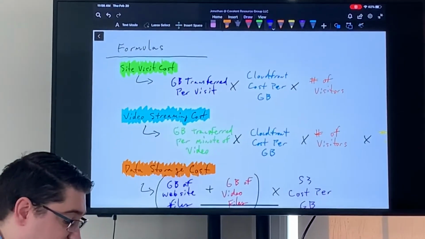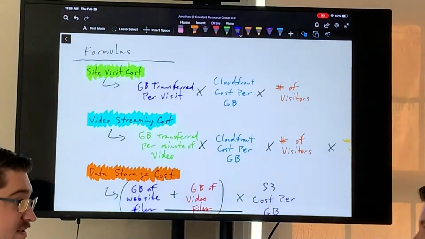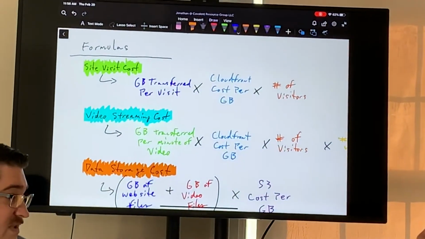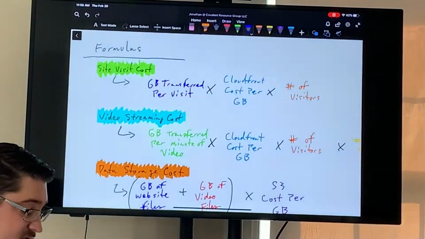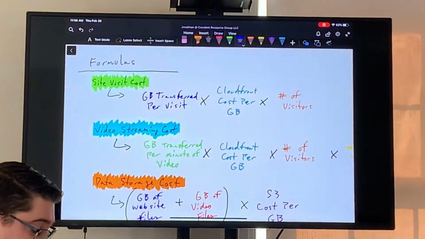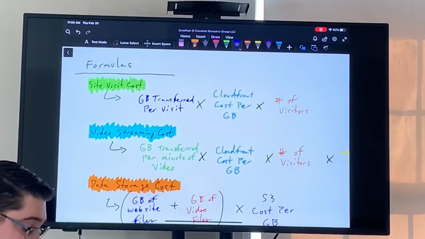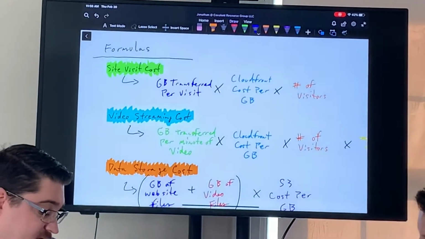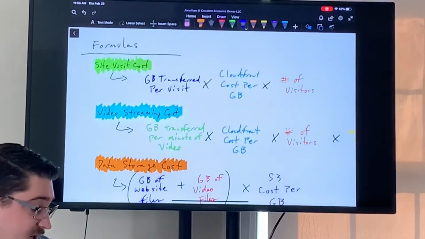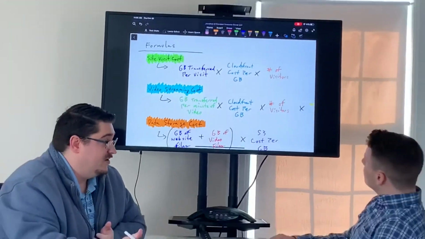The site visit cost is just somebody landing on the site, and what needs to be transferred to the client is the website files. So that's a simple calculation of the gigabytes transferred per visit, multiplied by the cost that CloudFront is going to charge us, times the number of visitors.